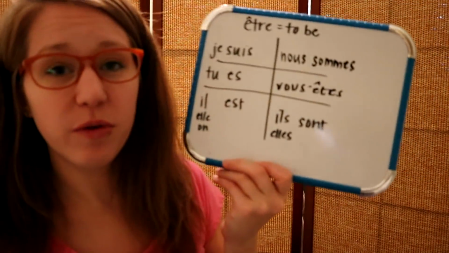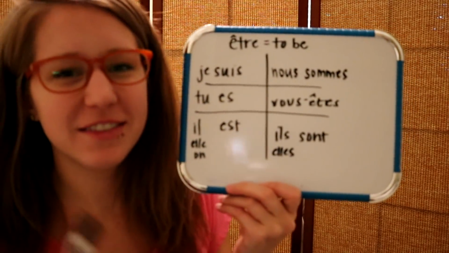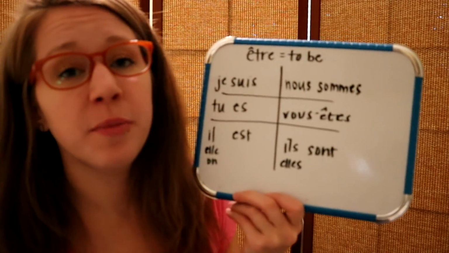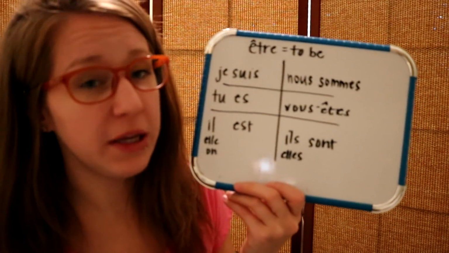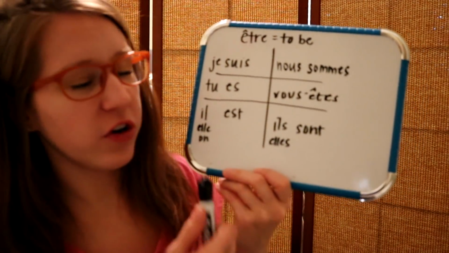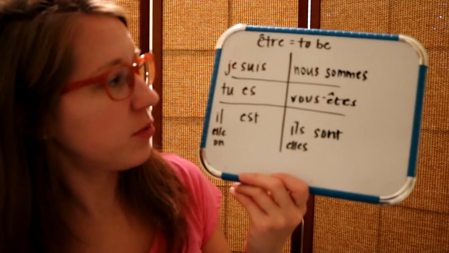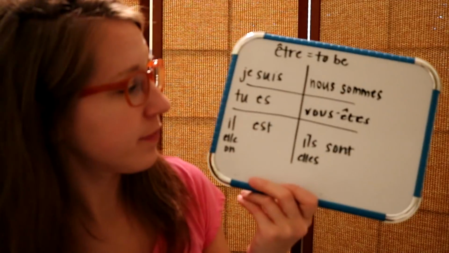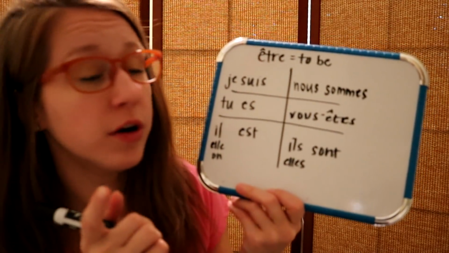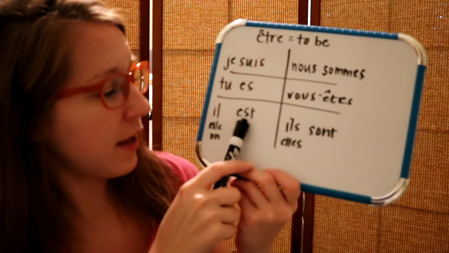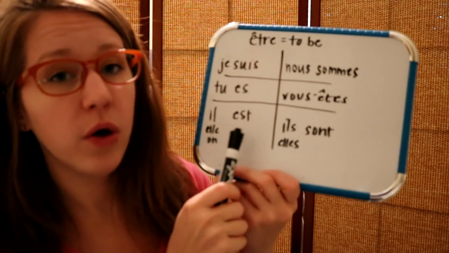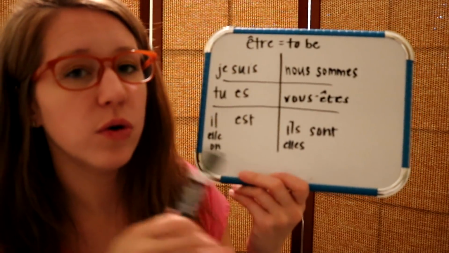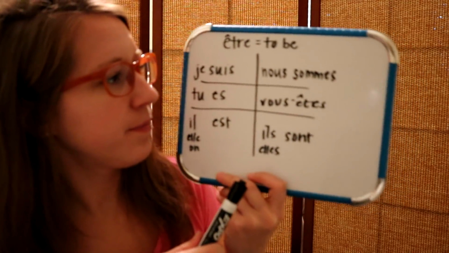Just as a refresher and to keep this really going in your mind, this is our verb être, which means to be, and these are our conjugations. So we have je suis, I am, tu es, you are, il est, elle est, or on est, and this is he is, she is, or one is.